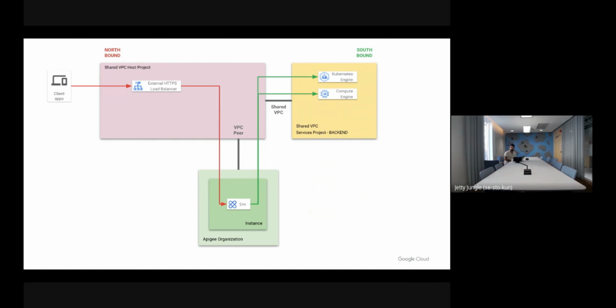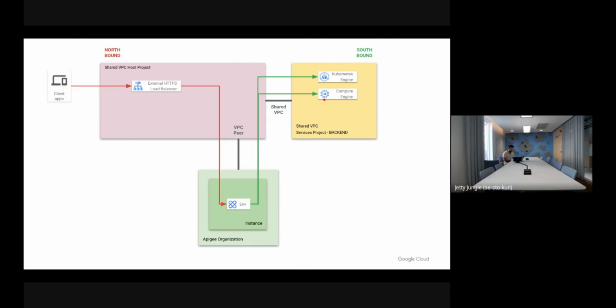So if you look at the shared VPC architecture, here we have a shared VPC host project, and then here we have a service project where we have all of our backend services. In this case, you can see that the peering with the Apigee instance is done with the host project.